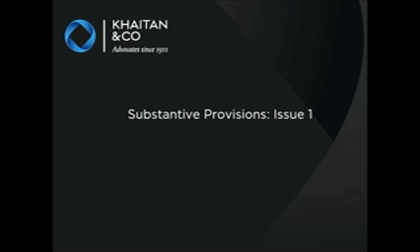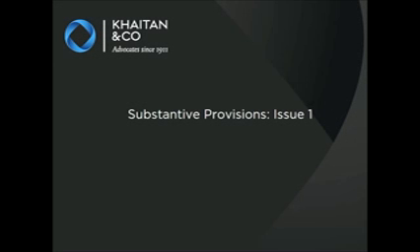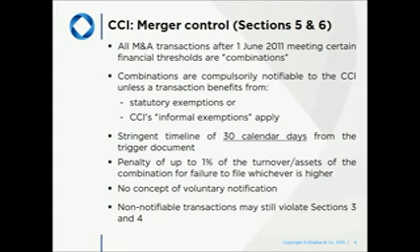Now, let's talk about the substantive issues and the substantive sections and the key issues. And this is going to be issue number one that you need to keep in mind about the Indian competition regime. First, we're going to talk about merger control, and then we'll talk about enforcement in the next slide.